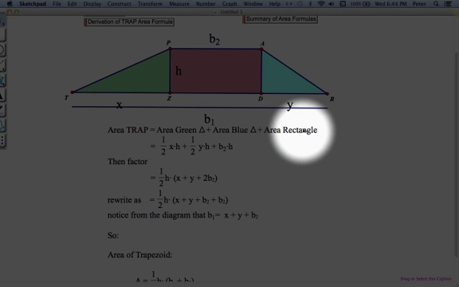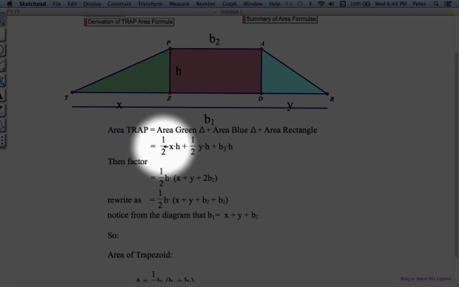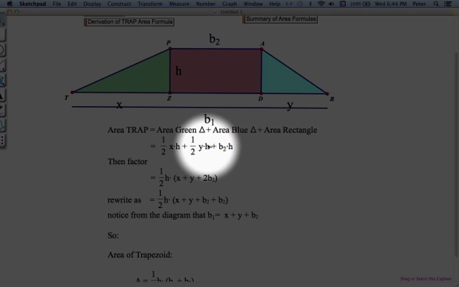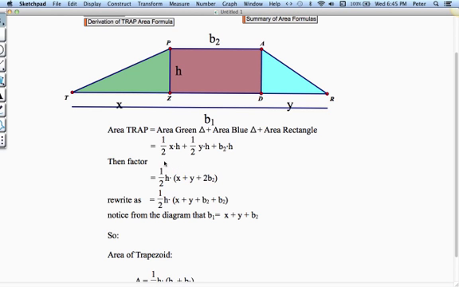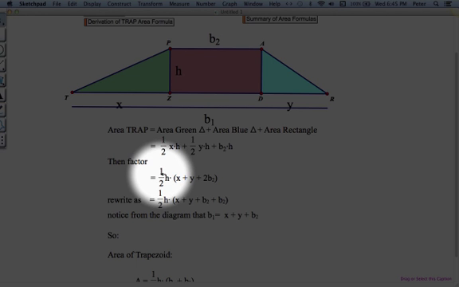If I plug in the values for that, it will be 1/2 the base x times h plus 1/2 y times h, that's the blue triangle, and then b2 times h. That's going to be the area of my rectangle. I'm going to factor this then. As you can see, I've got a 1/2 in each of the terms, and I have an h in each of the terms.